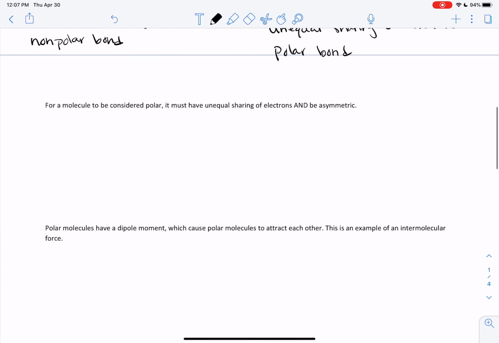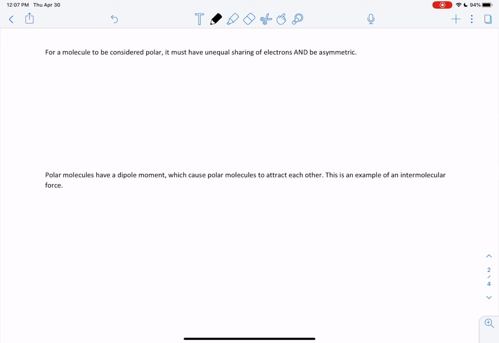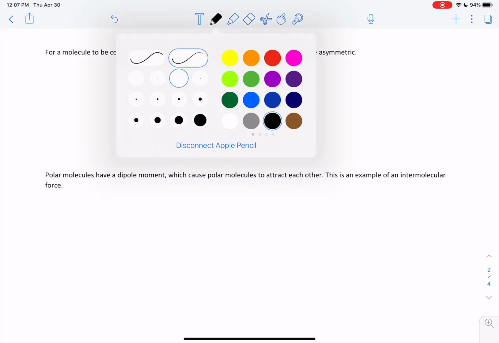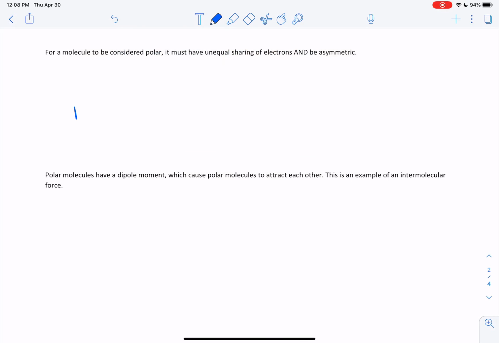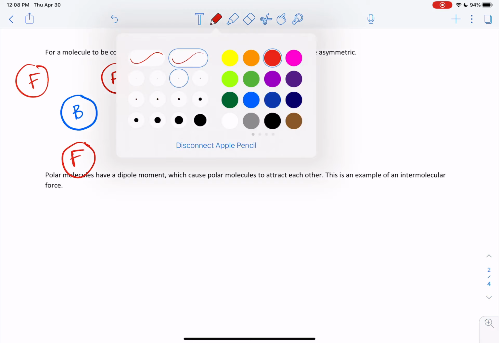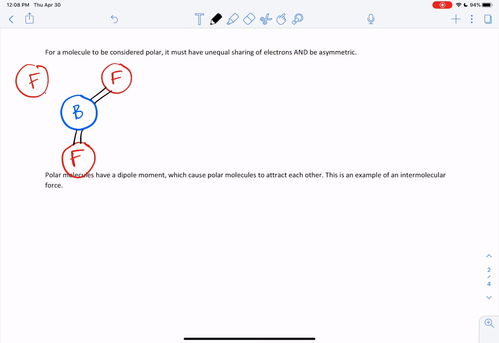However, there's a difference between a polar bond and a polar molecule. So for a molecule to be polar, it must have unequal sharing of electrons and be asymmetric. So let's take a look at what that means. So if we have something like BF3, boron trifluoride, okay, fluorine has a greater electronegativity than boron. So this is an example of a polar bond, right?